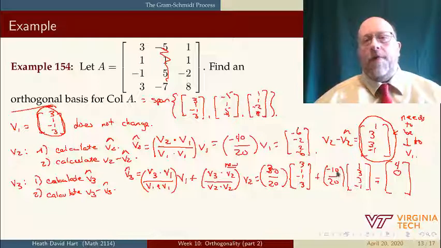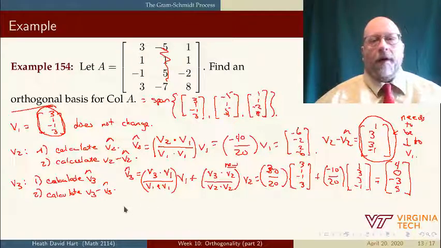Let's try that again. Negative 1.5 minus 1.5 is negative 3. And 4.5 and 0.5 is 5. 4, 0, negative 3, 5.